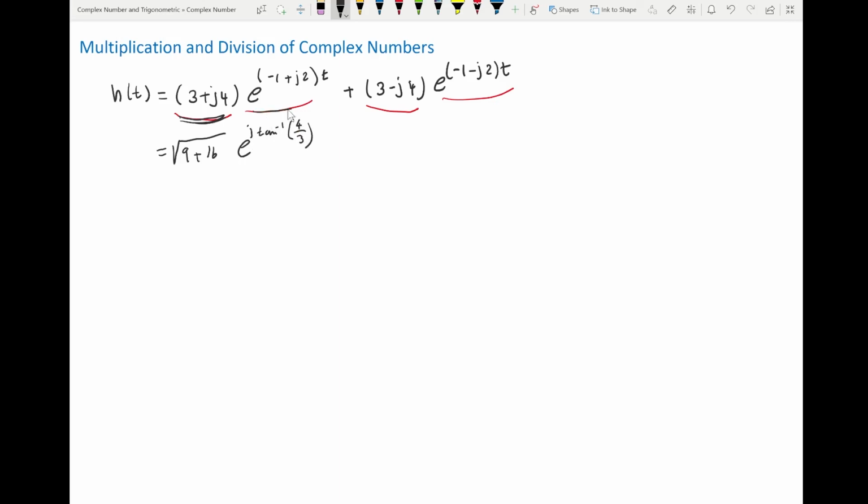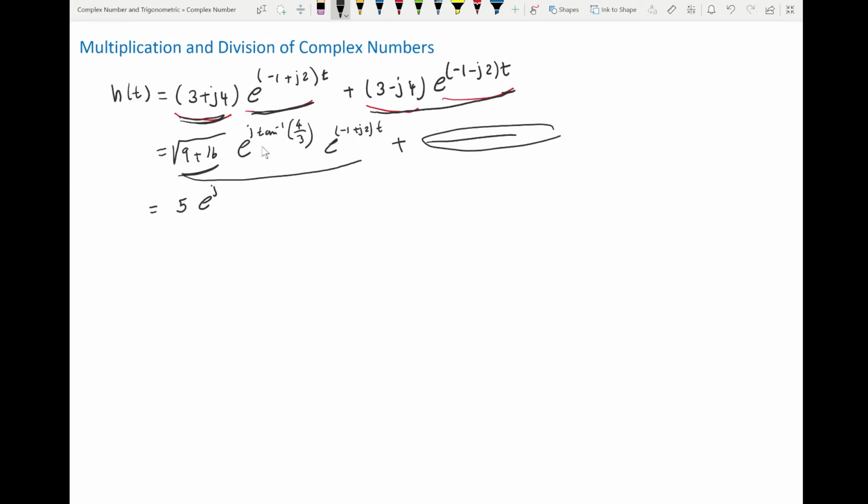And then I will write this as it is. Now I will delay writing this here. I will just continue the operation here, then I can easily fill this part. So the magnitude here, 5 e^(j), the angle, if I use the calculator, it will be 38.66 degrees.